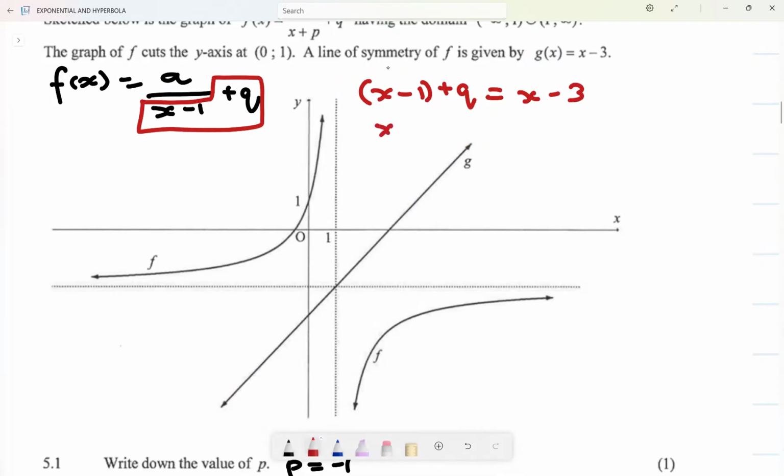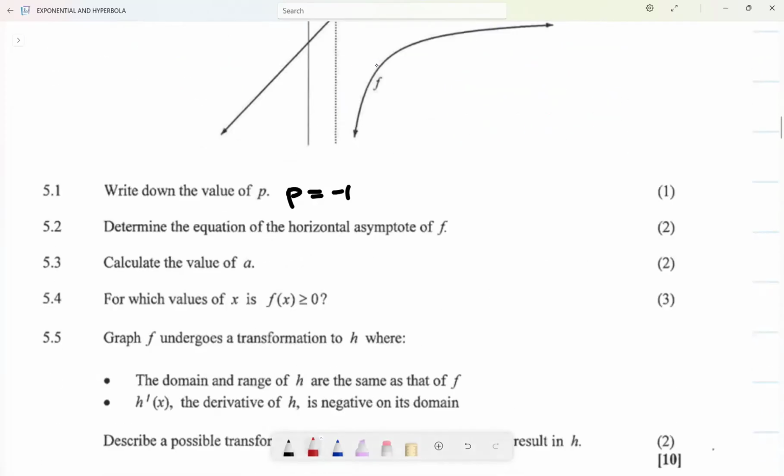So x minus 1 plus q is equal to x minus 3. When I solve for q, q is equal to x minus 3, then you take this x to the other side, it's going to be minus x, then minus 1 to the other side, plus 1. The x and x cancel, and then q is equal to minus 2. And therefore, you are done.